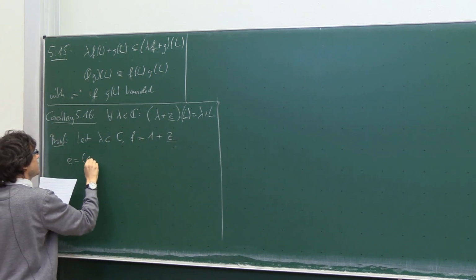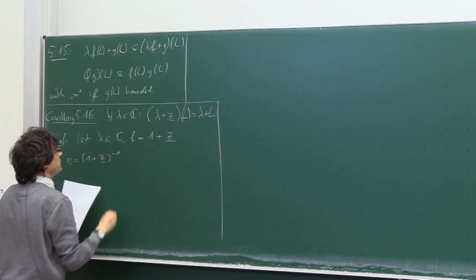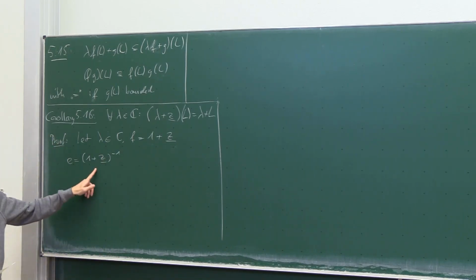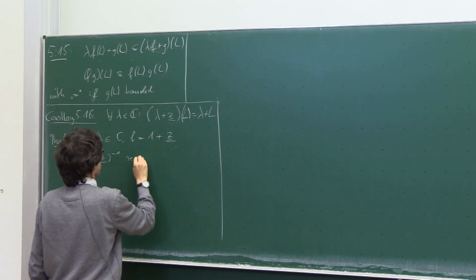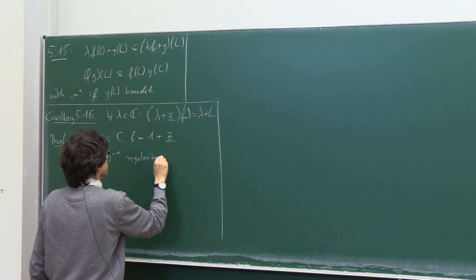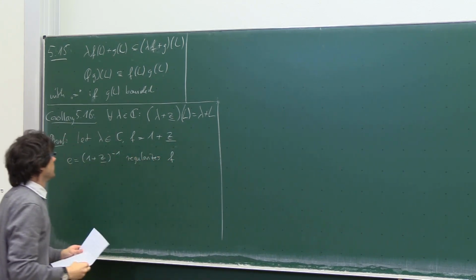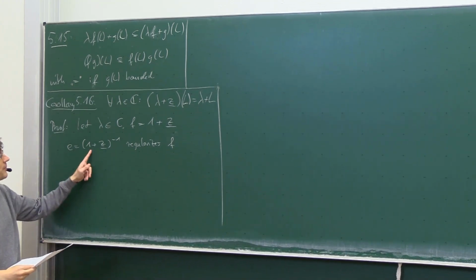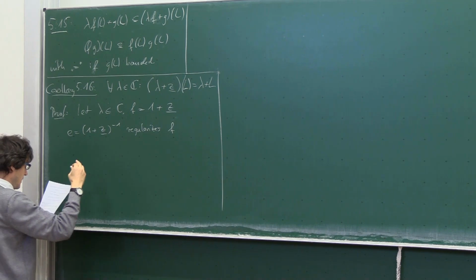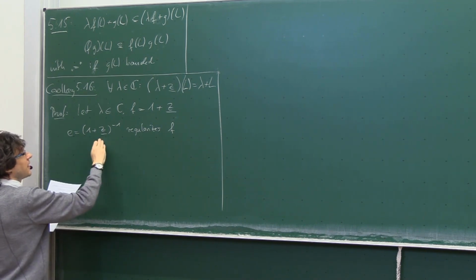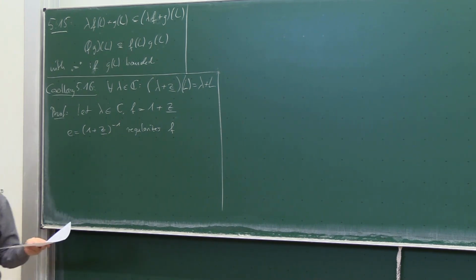Take as a regularizer (1 plus Z) to the minus 1. And we've seen as an example earlier that this is a regularizer. So this regularizes F. So indeed, at least for lambda being 1, we can now plug in L. And this regularizes F because if you multiply, you get 1, and 1 is in the Dunford-Rees class.